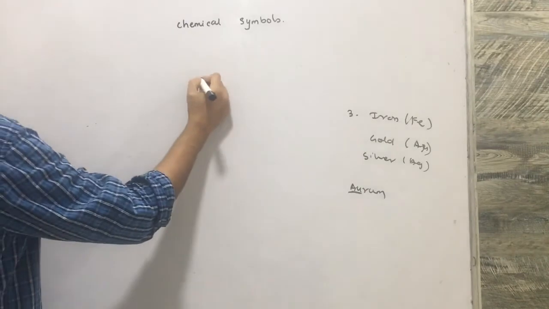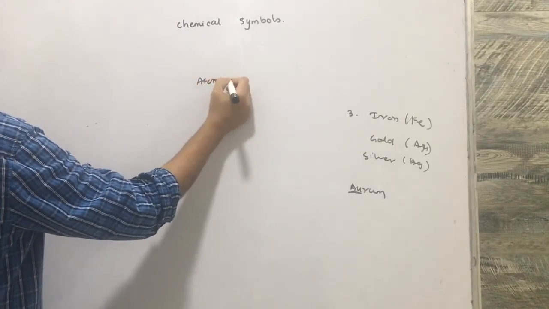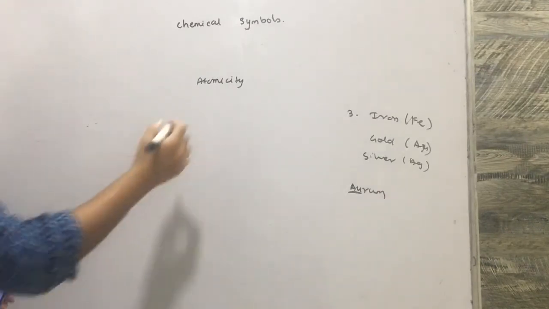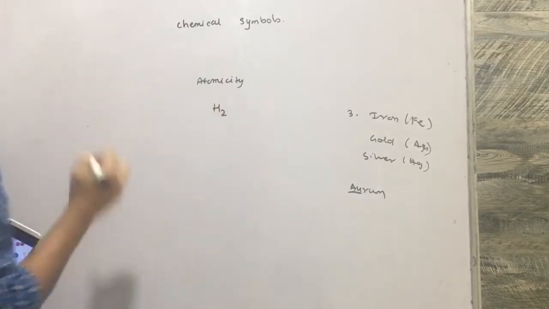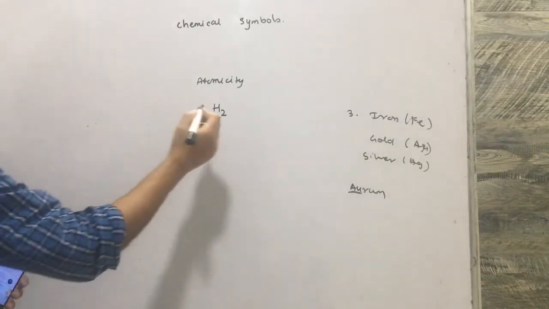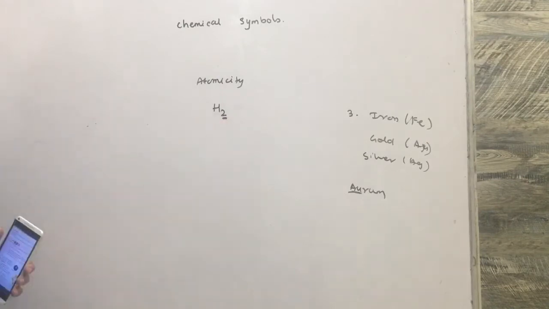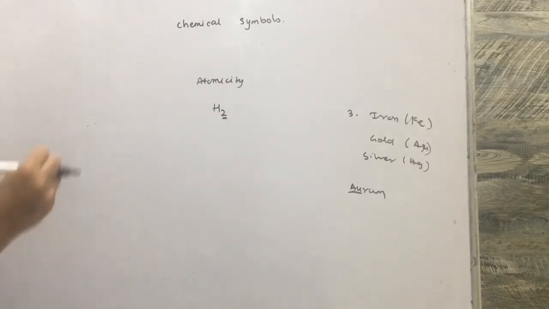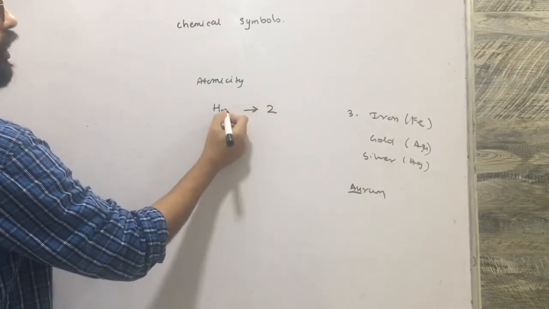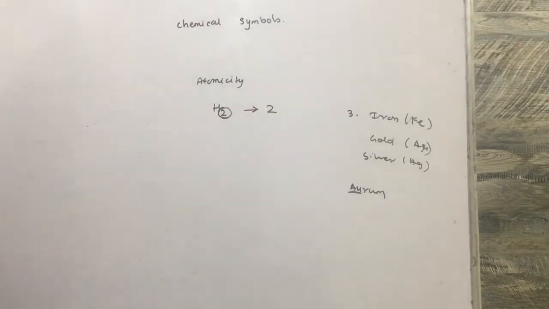For example, if I write hydrogen, H2 is the hydrogen molecule. The number 2 indicates atomicity: the number of atoms present in hydrogen is 2. So this number indicates the atomicity of that molecule.